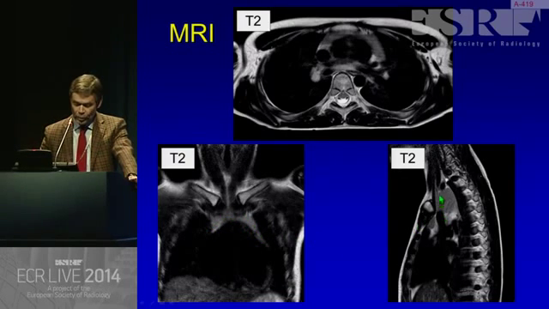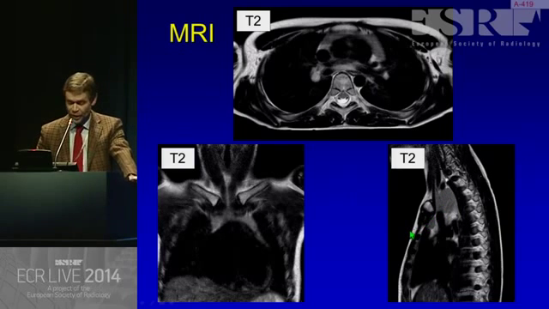And the posterior mass has the same characteristics, only this is ectopic thymic tissue, because it has the same texture and the same MR characteristics, and it's known that it can be there. It can be almost anywhere, that thymus.